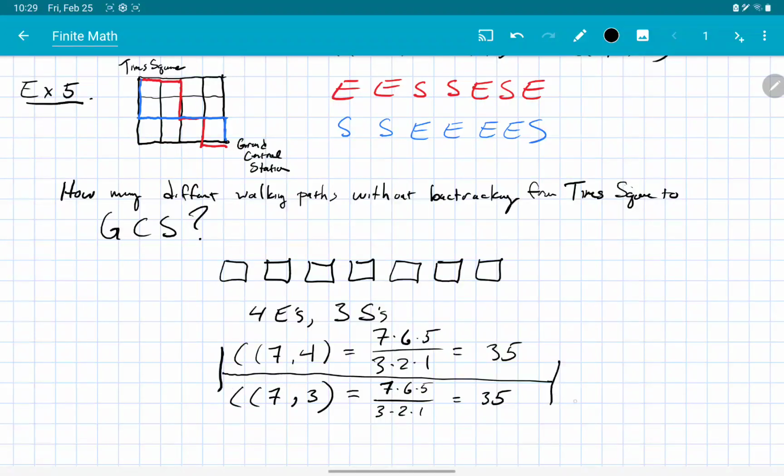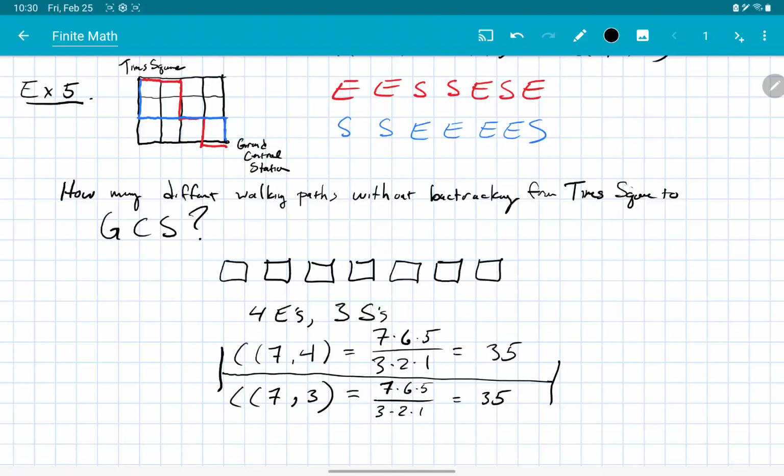We could have said my choice is totally determined by where I put the 4 easts. Or if someone else was doing the problem in a different room, they might say my choice is totally determined by where I put the 3 souths. Either person is going to arrive at the same answer, 35. That's what I was trying to show. And I'm sorry if that was a little confusing to think we should add those 35s. It was a good question. It's just 35 choices.